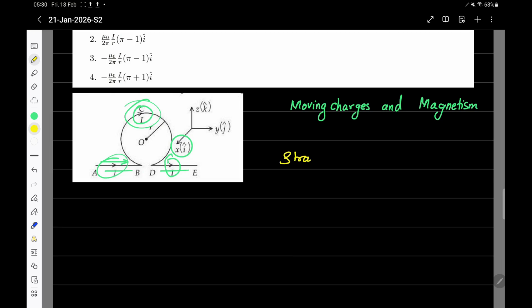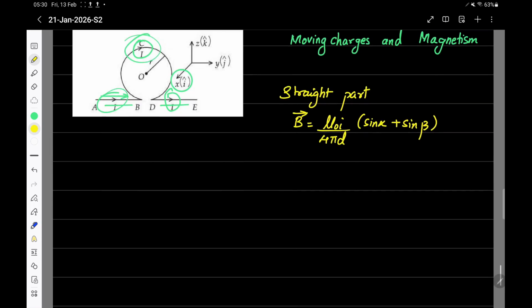Due to the straight part, the magnetic field formula is going to be mu naught I divided by 4 pi d into sine alpha plus sine beta. This is the magnetic field due to any straight current carrying conductor which is subtending alpha and beta angles with respect to the perpendicular.